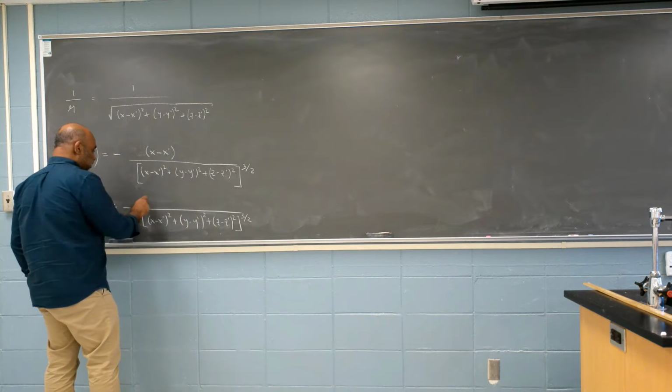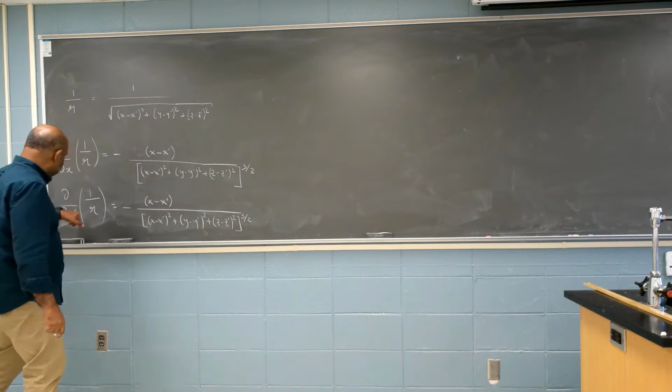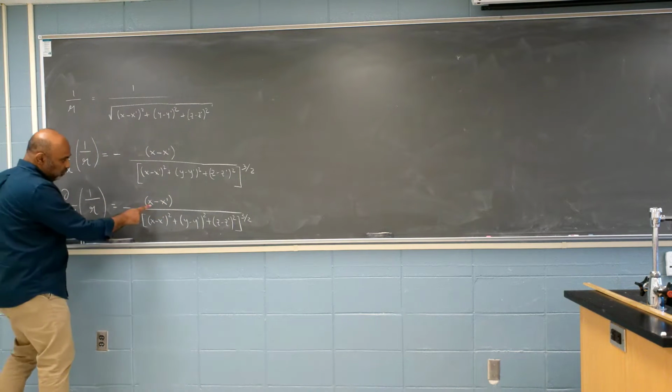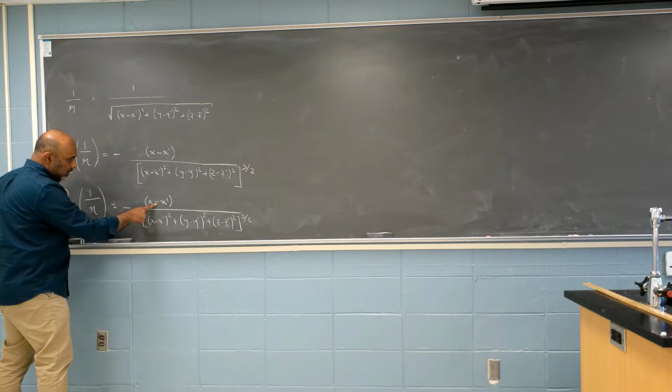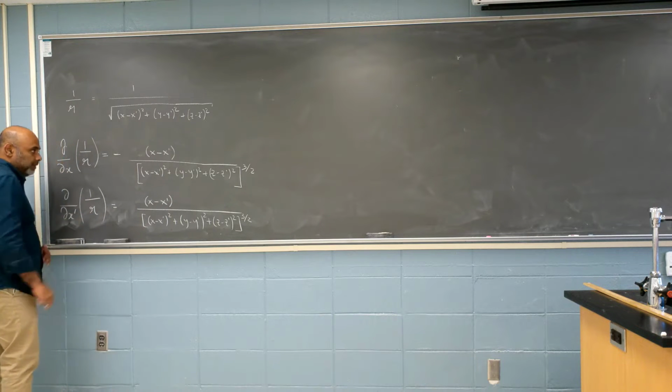The 2's cancel. I have an x minus x prime. Now the derivative with respect to x prime has a minus sign, and that minus sign comes out and kills this guy.